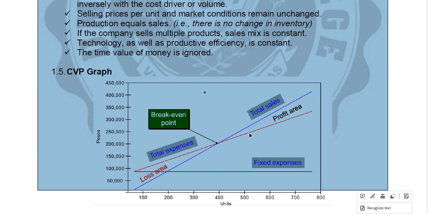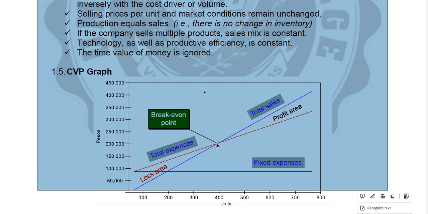The higher our activity level, the higher our variable cost in terms of total. So, where the total expenses and the total sales line intersect, that is actually your break-even point.